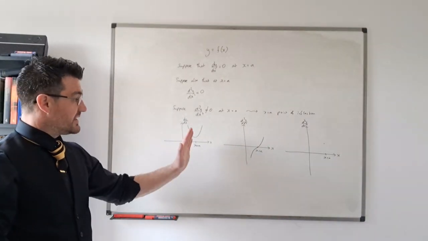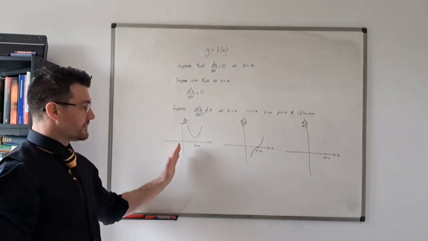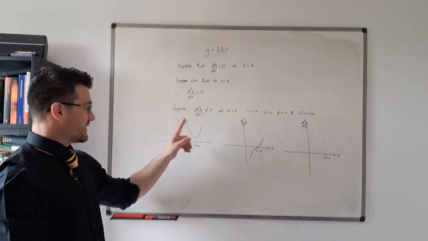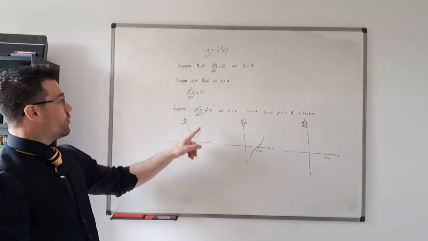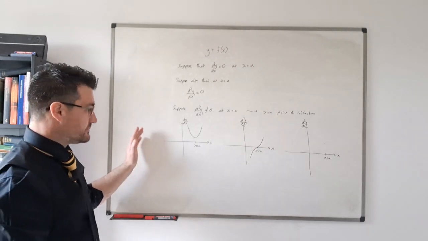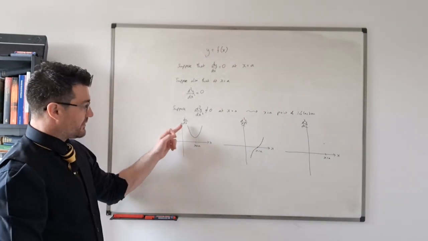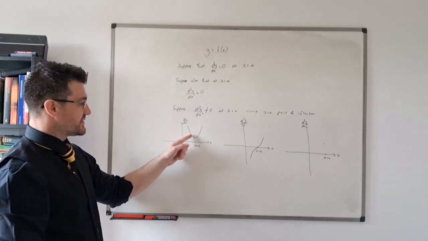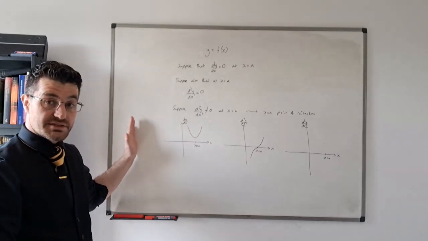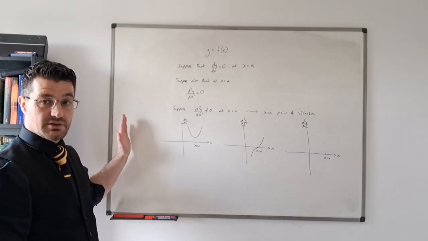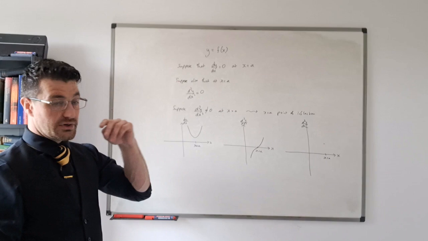Okay, so we're kind of working backwards here. We've gone from the third derivative. What does that tell us about the second derivative? What does that tell us about the first derivative? What does that tell us now about the original function? Because remember, the y coordinates of the points on here correspond to the gradients of the tangent lines at the corresponding points on the original function.